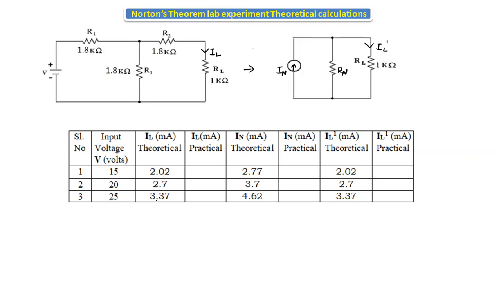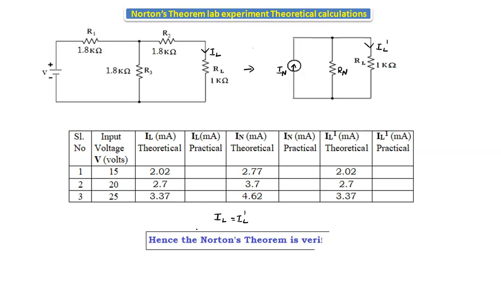For 25 volts, IL is 3.37 milliamps and IL dash is also 3.37 milliamps. From this we can say that IL is equal to IL dash for the three different voltages, hence Norton's theorem is verified for 15, 20 and 25 volts.